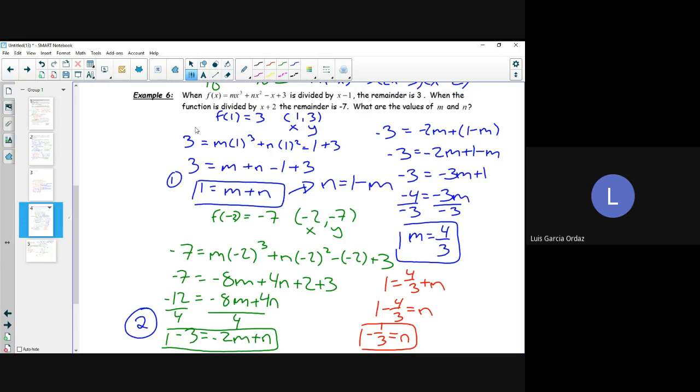So if we were to rewrite f of x again, therefore f of x is equal to 4 over 3 x cubed minus 1 over 3 x squared minus x plus 3.